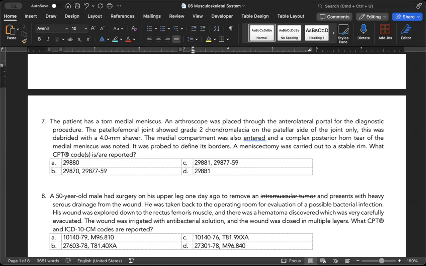So your 29881 is an arthroscopy, knee surgical with meniscectomy, either medial or lateral, including any meniscal shaving, including debridement, shaving of articular cartilage, same or separate compartments when performed. So we know we need the 29881, right? Because that's going to be for the meniscectomy.